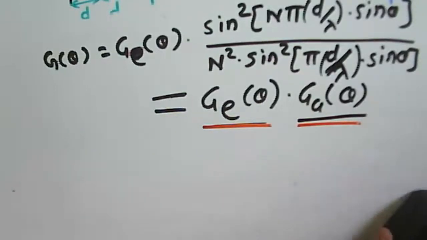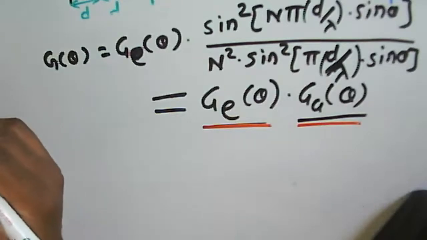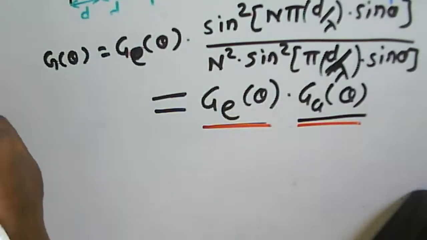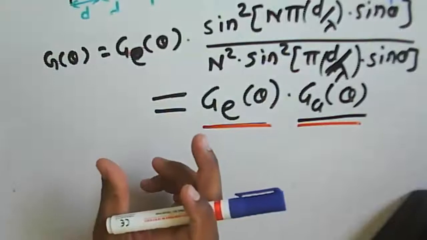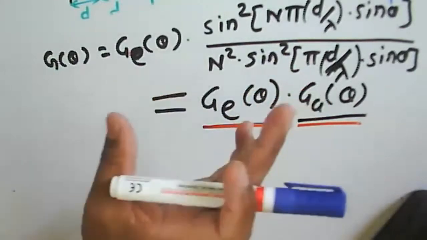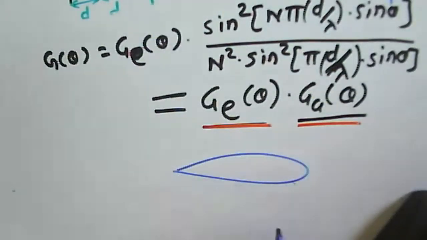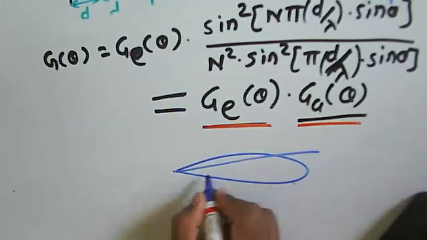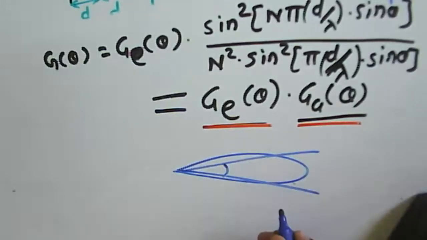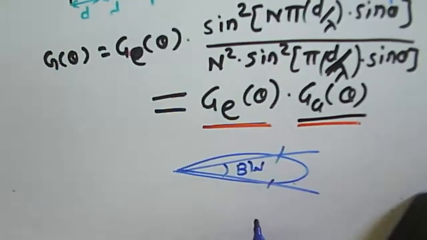We need to consider that every element has some particular beam width, just like a radiation pattern, and it has a beam width. So what will be the beam width for each and every element?